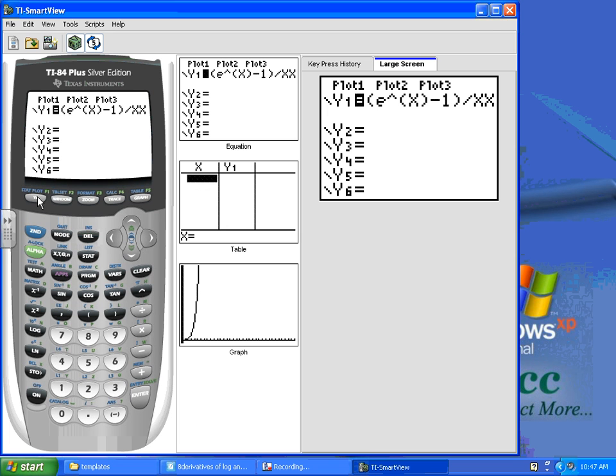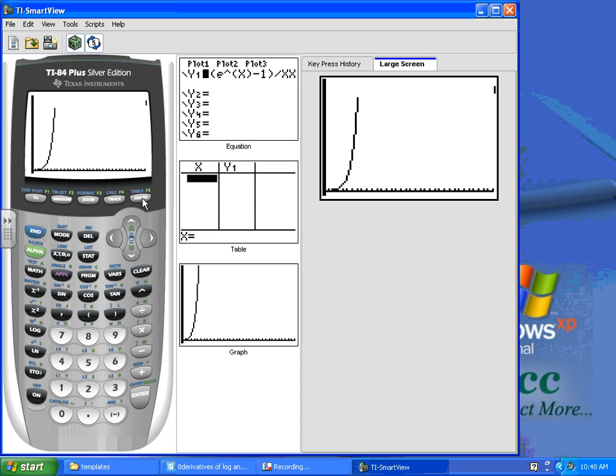The second right arrow usually goes to the end. This one is not doing anything. Okay, let's try it again. Thanks for noticing. I was wondering why I was getting these weird results. Now let's go to the table.